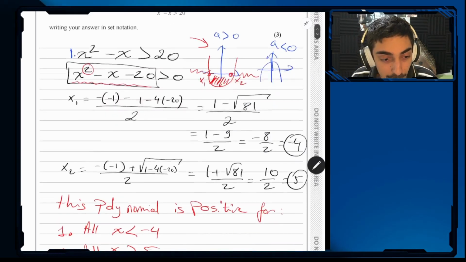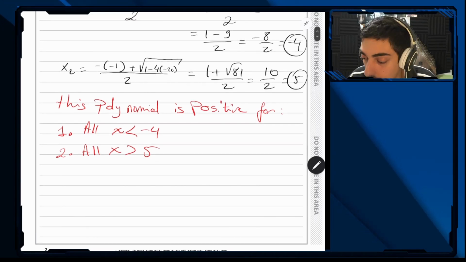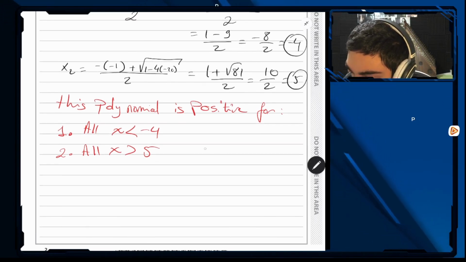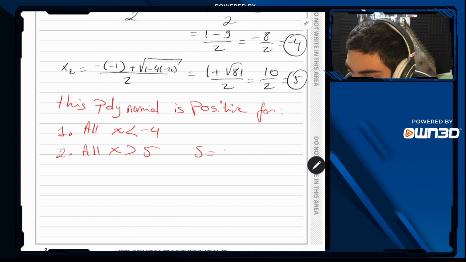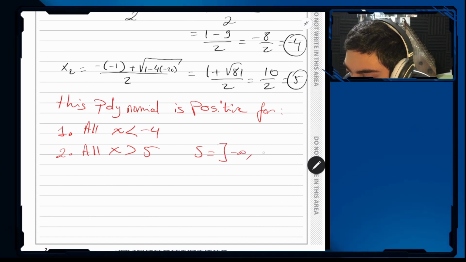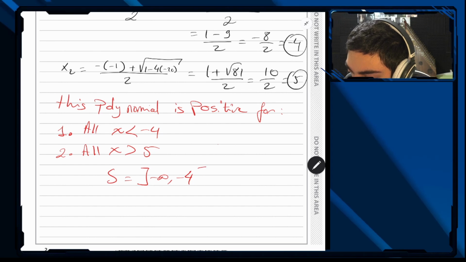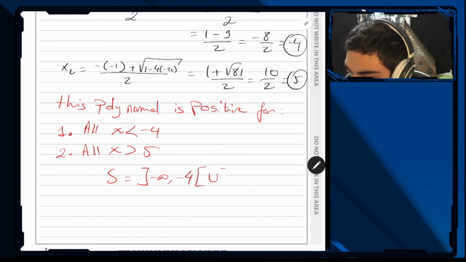You can be fancy. You can be fancy and write it like this. So S, the set of solutions, is equal to minus infinity, minus 4. Let me make some space. S equals negative infinity, negative 4, open the bracket, union 5, plus infinity.